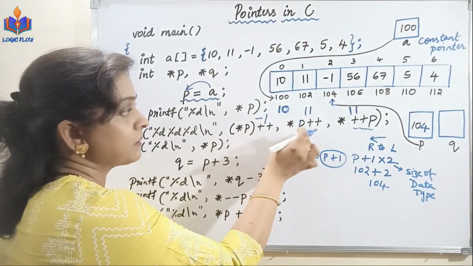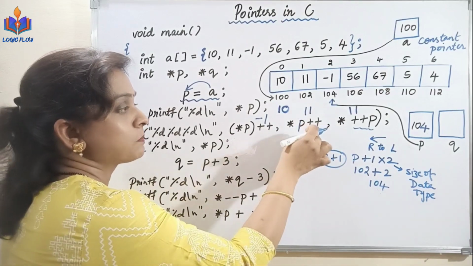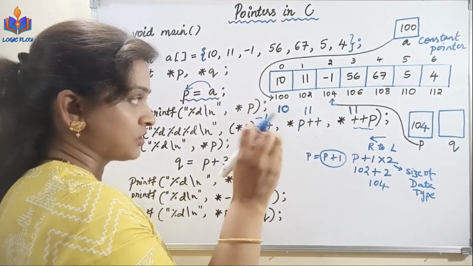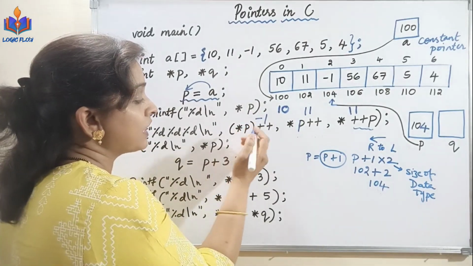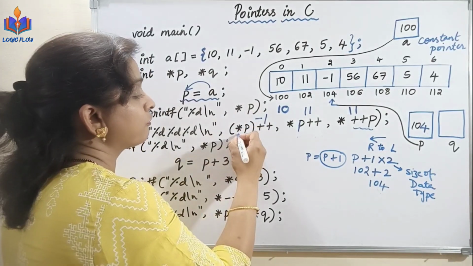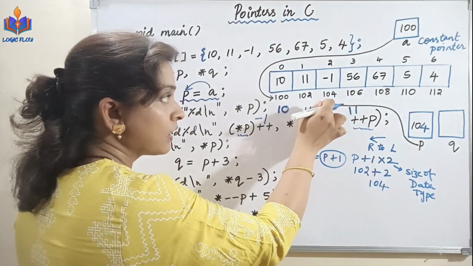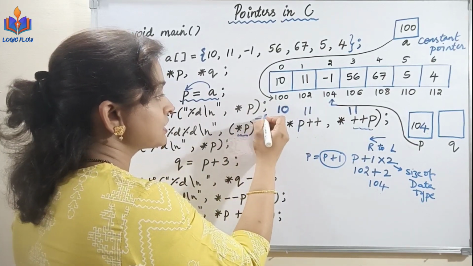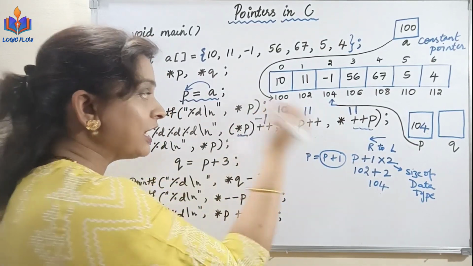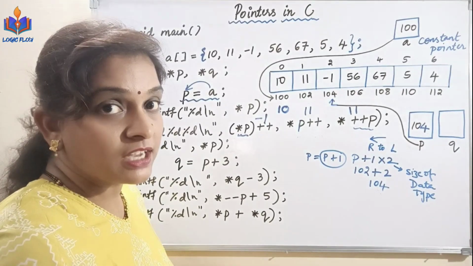But writing asterisk P alone within the brackets is different. Here I wrote P plus within brackets, and that is different; it is with respect to the pointer address. But when I say asterisk P itself within brackets, it means it is fetching the value at P. P is pointing to 104, and the value at location 104 is -1. Then you have to do the incrementation.